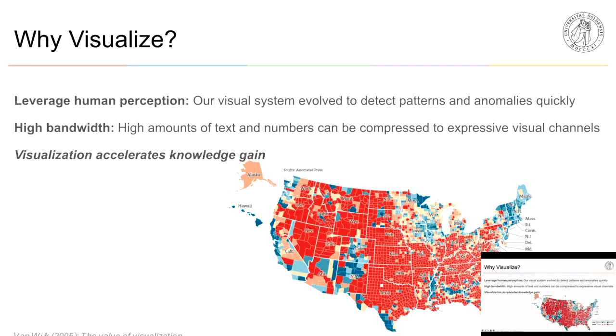So I can fit a lot of information into a small image. So when you combine these two, visualization accelerates knowledge gain. You don't need to read through all this text and numbers, and you can spot patterns and anomalies very quickly.